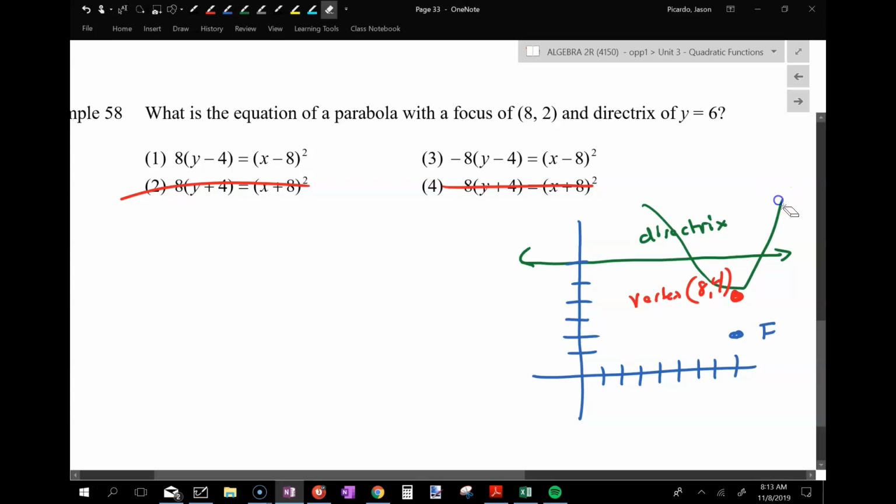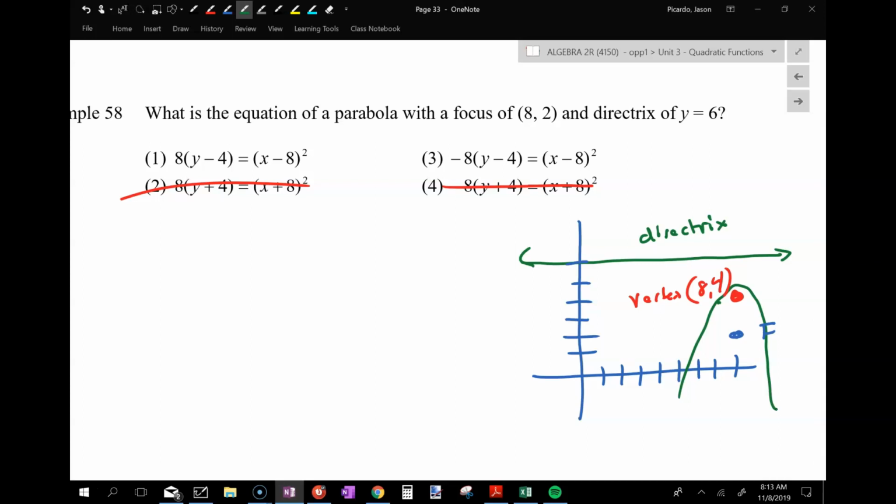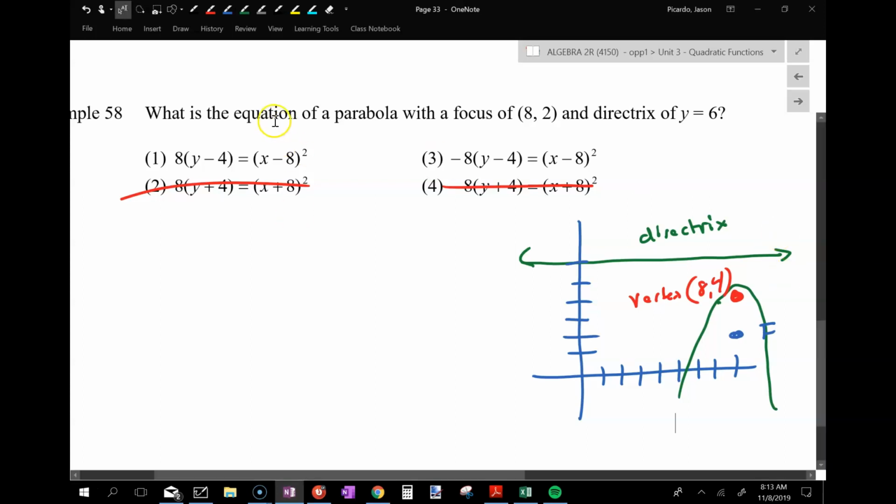No. So in order to draw my parabola, if my directrix is up here and my focus is down here, it's got to go that way, doesn't it? Yeah. So guys, the rules haven't changed. If the parabola frowns, what's the x squared term? Negative.